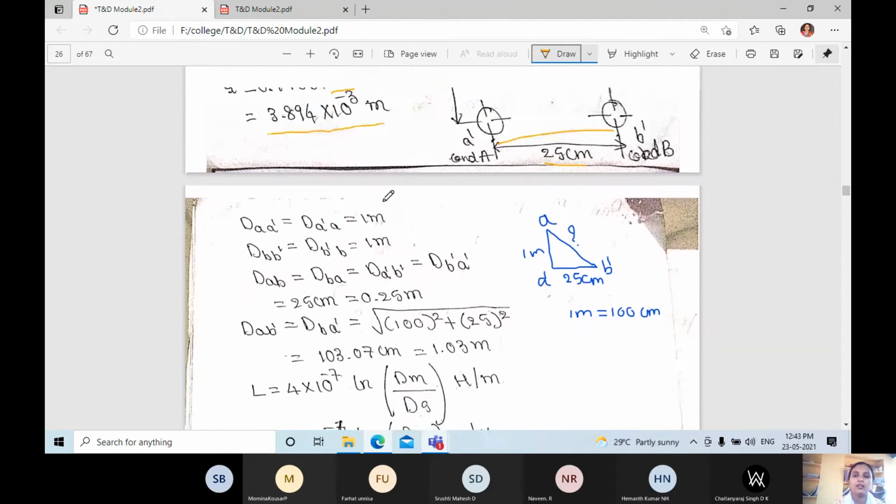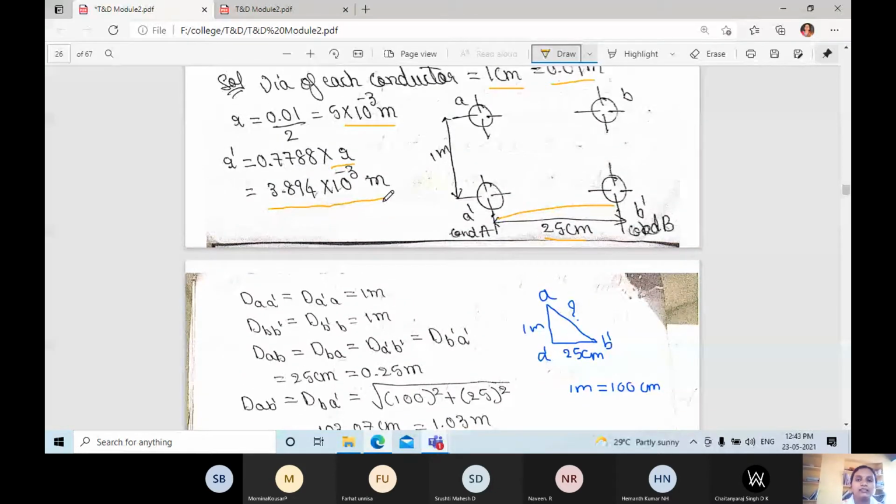Here, the distance between A and B dash we don't know, so we need to find out that distance. The distance DAA dash is 1 meter, from here to here. And the distance between B and B dash is also the same, 1 meter.